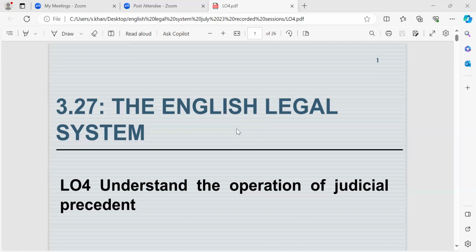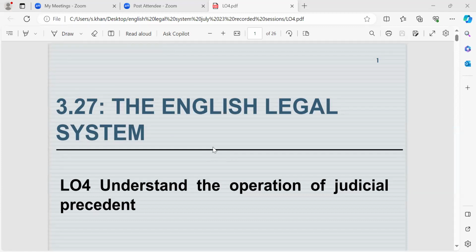So we also looked at things like intrinsic and extrinsic aids that help the judges make the decisions, such as Hansard or previous cases, any sort of issues around previous precedent.